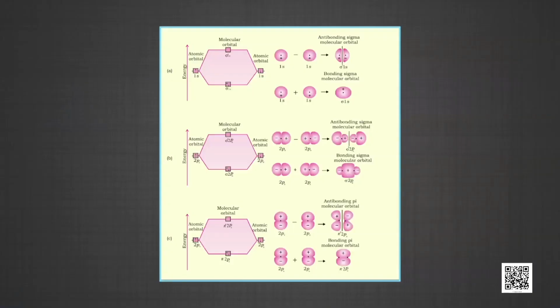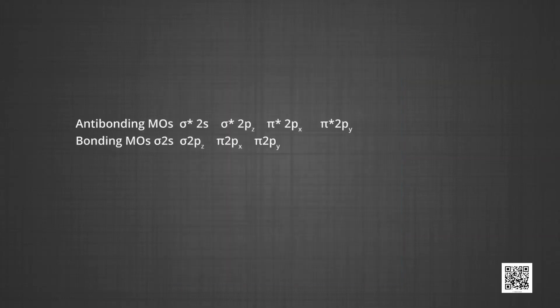The figure shows the contours and energies of the bonding and antibonding molecular orbitals formed through the combination of 1s atomic orbitals; figure B shows the 2pz atomic orbitals and figure C shows the 2px atomic orbitals. Antibonding molecular orbitals: sigma antibonding 2s, sigma antibonding 2pz, pi antibonding 2px and pi antibonding 2py. Bonding molecular orbitals: sigma 2s, sigma 2pz, pi 2px and pi 2py.